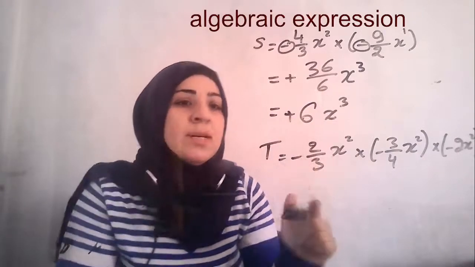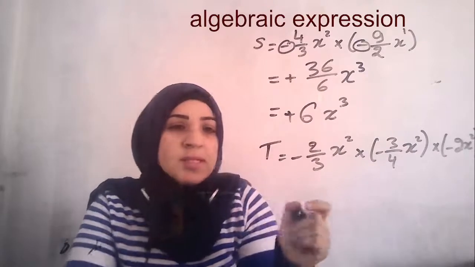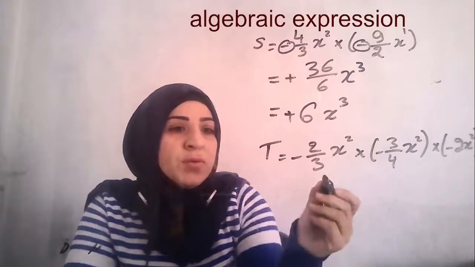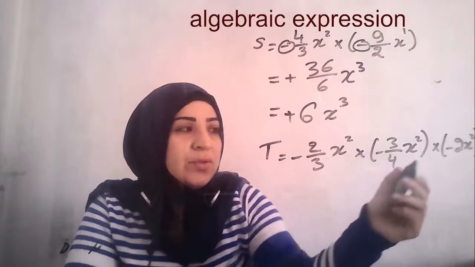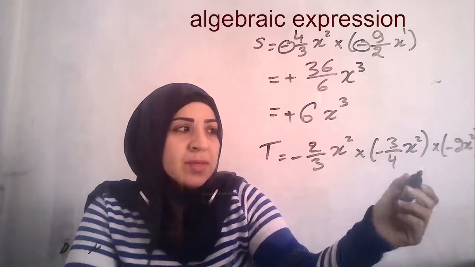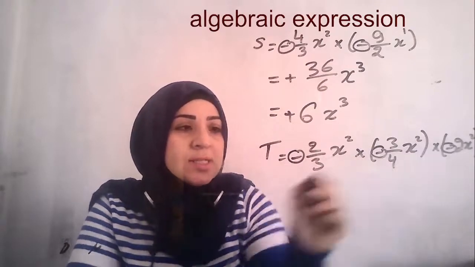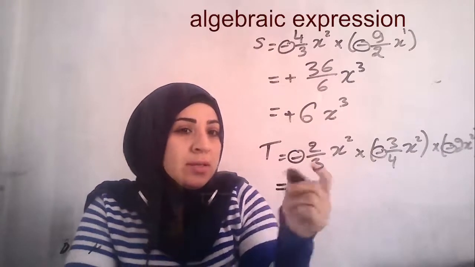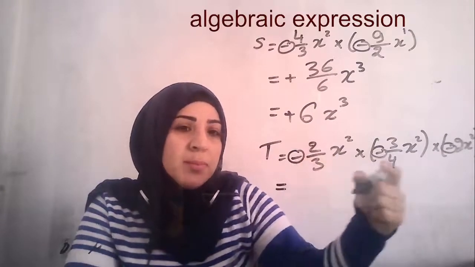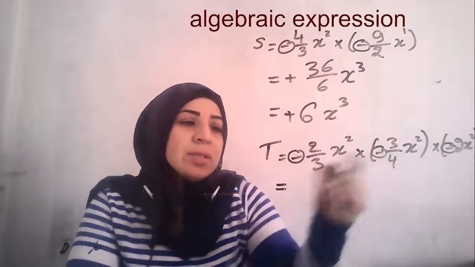Okay, now the last part in this exercise: minus 2 over 3 times minus 3 over 4 times minus 2. Minus times minus times minus, so we have an odd number of negative signs, so it should be negative.